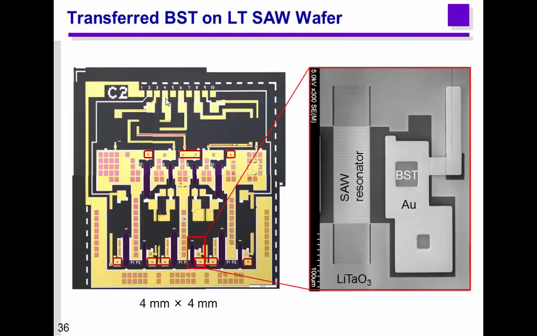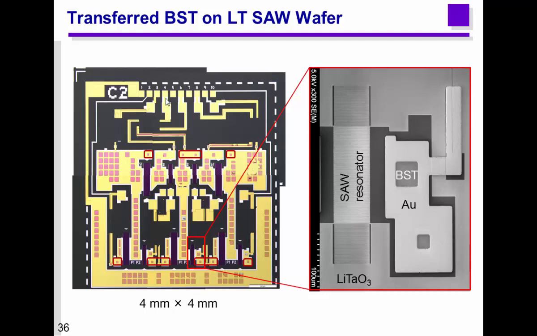And this is the final device. For the final device, we need 10 surface acoustic resonators and 10 BST varactors. So the yield of the transfer is very, very important. It must be almost 100%. Otherwise, even a patient student cannot complete this device.